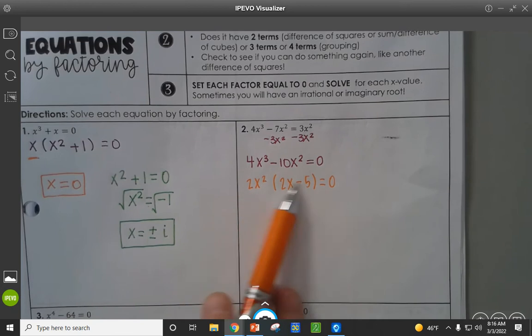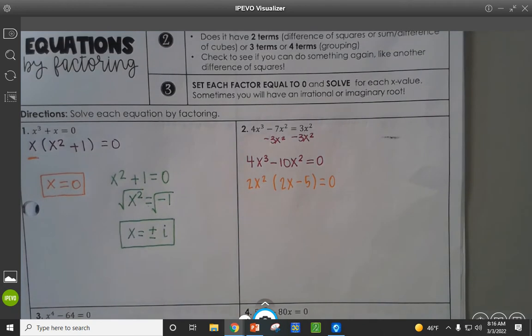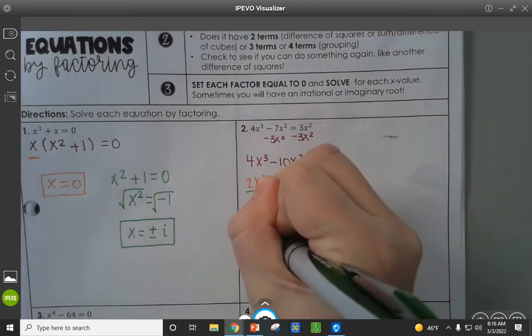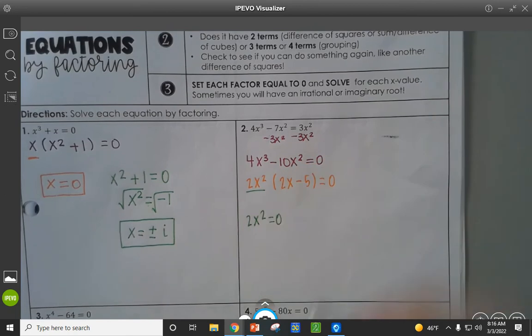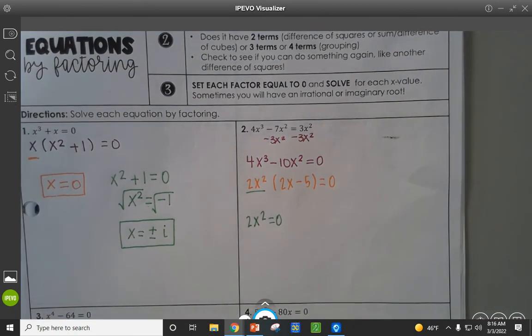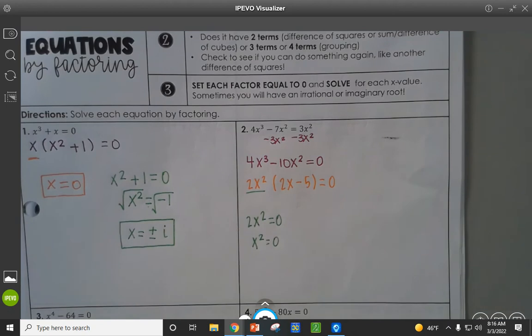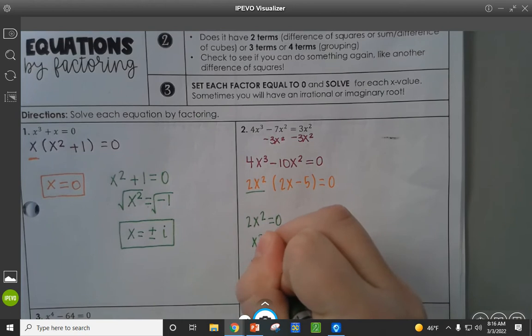Do either of these factors break down anymore? No. So then we take each factor and set it equal to 0. 2x squared equals 0. So if we divide by 2, what's 0 divided by 2? 0. x squared equals 0. And then if I take the square root, what's the square root of 0? 0. So x equals 0.